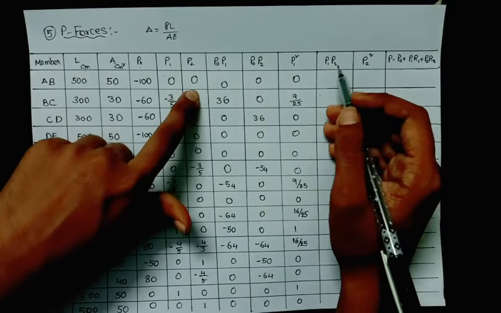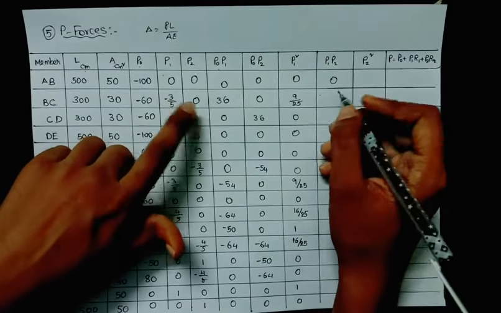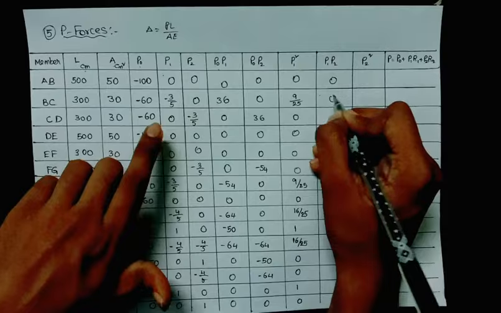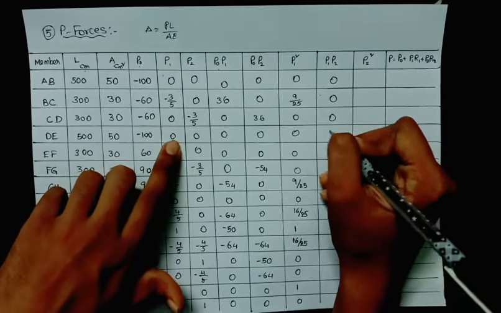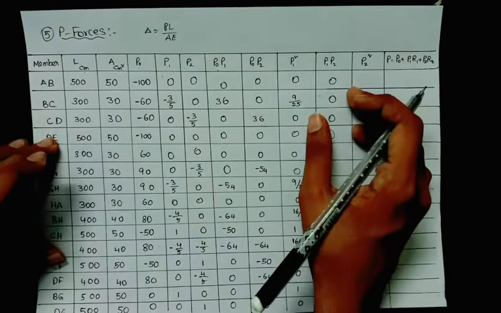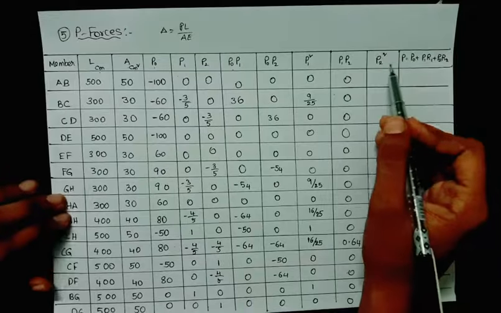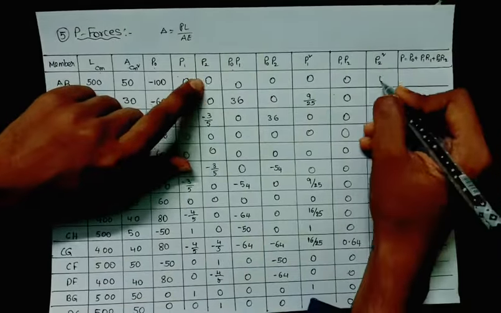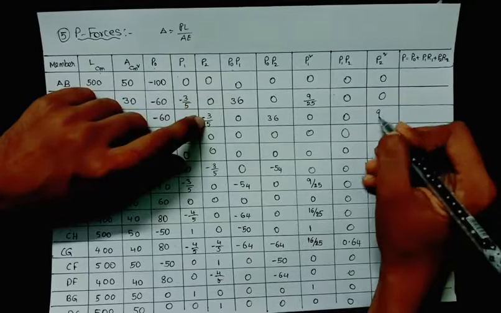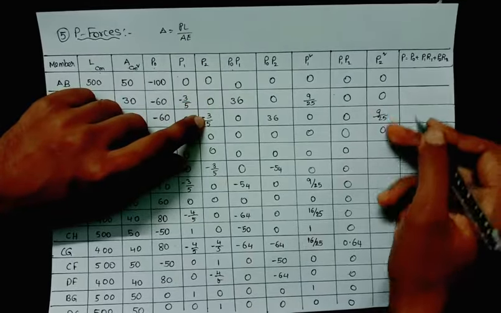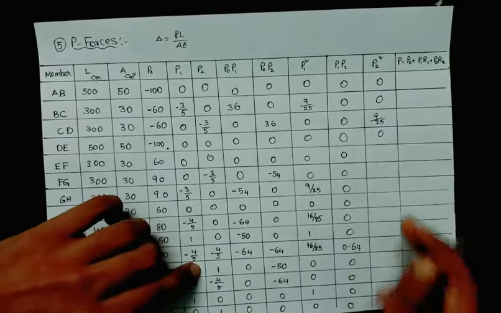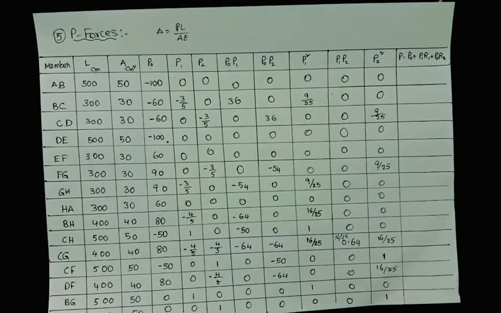That means multiply this column with this column. 0, 0, 0. Similarly multiply all the values. Similarly P2 square means square of this value, 0, 0, 9/25, again 0. Similarly square all the values and calculate here.